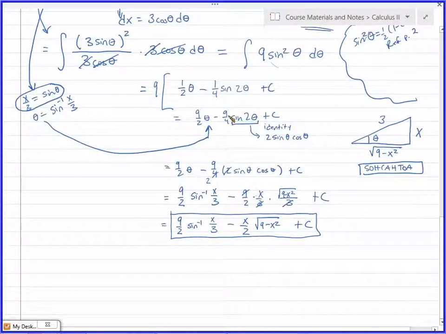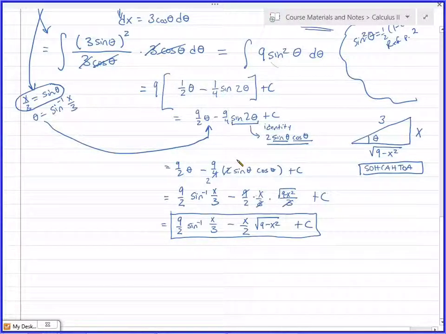In our case, we had sine, and the reason why I had to use this is because you can't tell by looking at this triangle what the sine of 2 theta is, because there's no 2 theta in here. But if I use the double angle identity, now I can do it in terms of sine of theta and cosine of theta. You want your trig functions back in terms of just theta. That's why I had to do that.